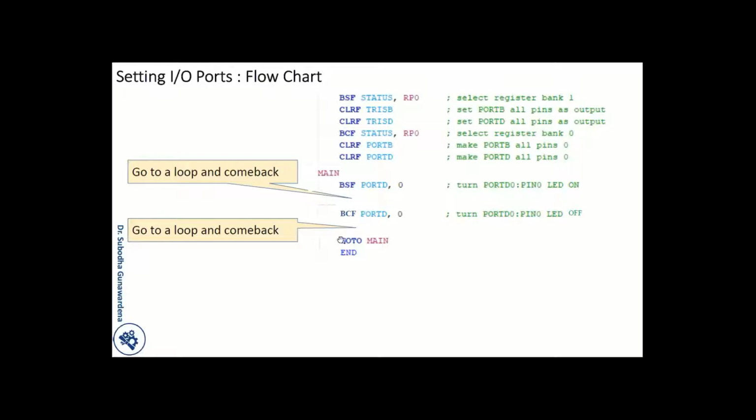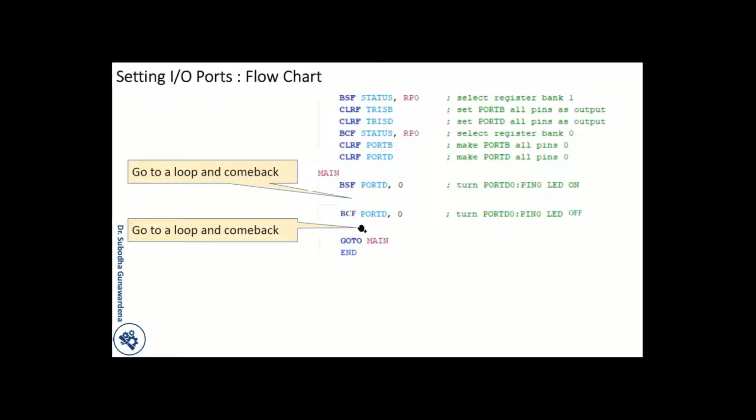That will keep on continuing. In any case, if we happen to exit the loop, we'll be going to the end of the program, right? So we have our port settings and our main loop. Inside the main loop, I'll be setting the port to high, wait, setting the port to low, and wait.